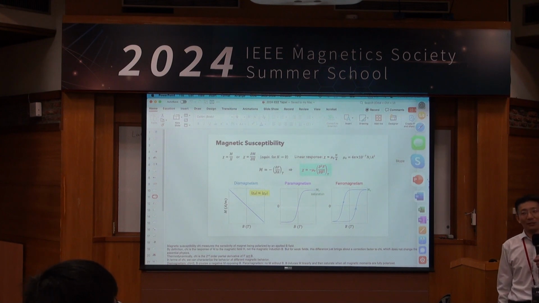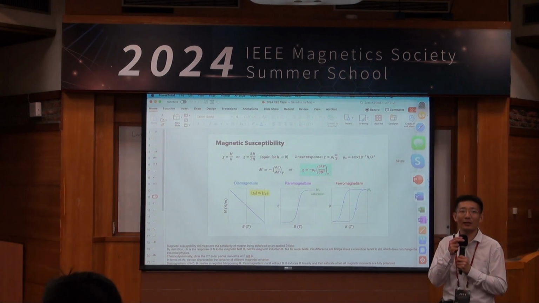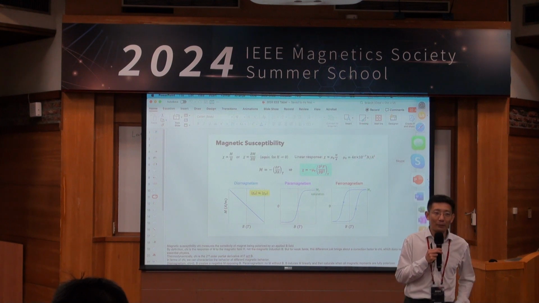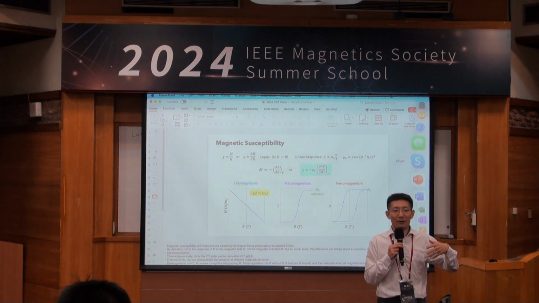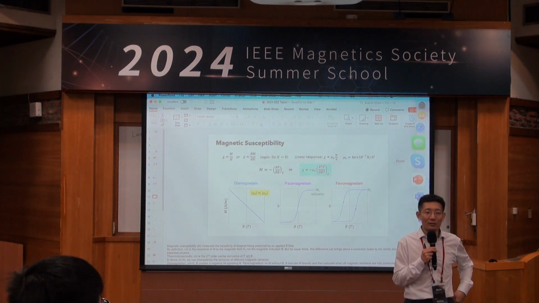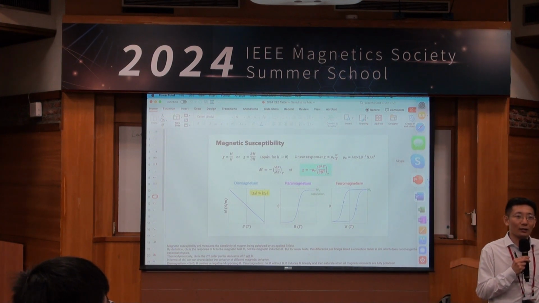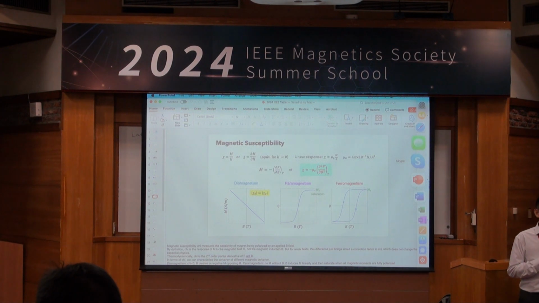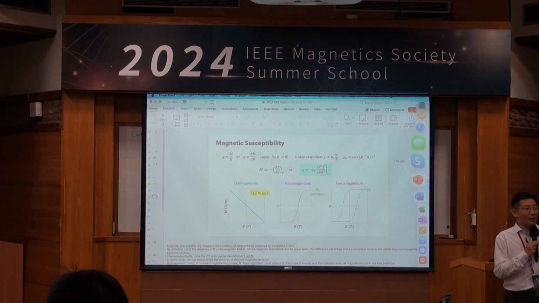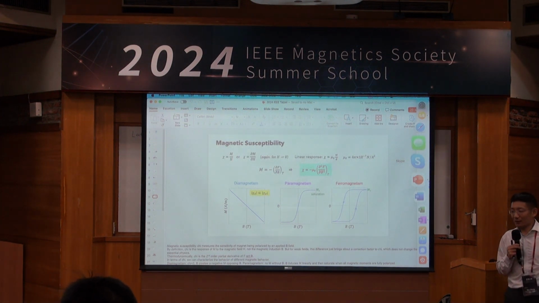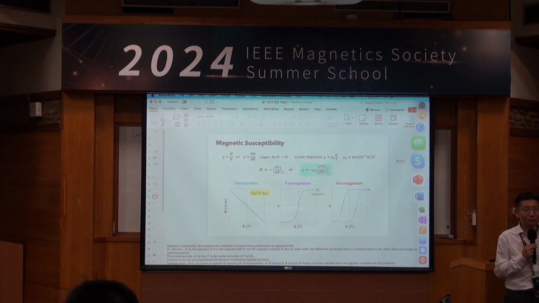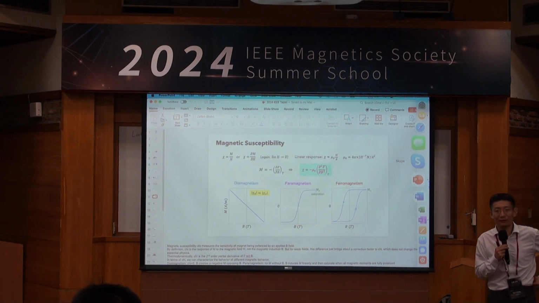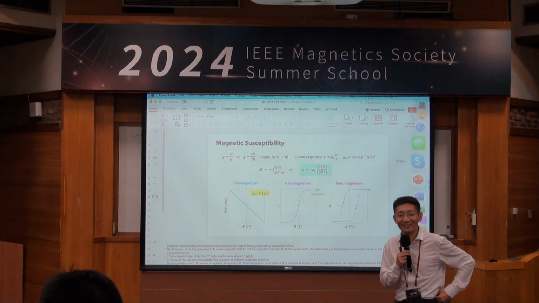So the susceptibility is highly anisotropic depending on the direction of the applied field. That is why historically antiferromagnets used to be known as anisotropic paramagnets, until Louis Néel gave it a different name, antiferromagnet. By the way, I think Professor Fukami will talk about antiferromagnets in detail.